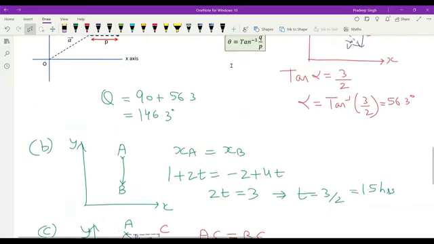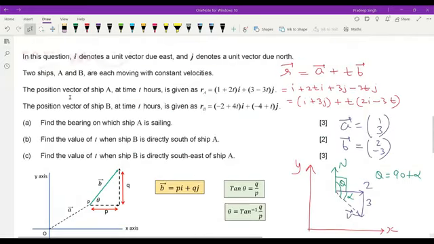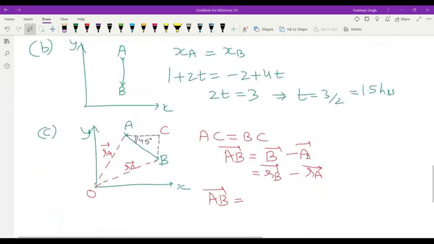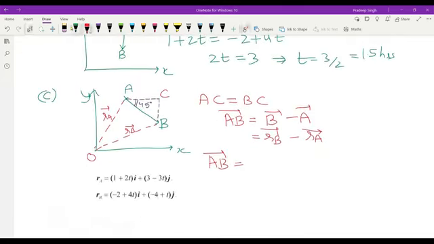Let's go back to the question to check what RB was. Let us copy this entire equation so that it is easier for us to solve. Let us write RB and RA in column vector notation. So we'll get minus 2 plus 4t and minus 4 plus t. Minus RA will be written as 1 plus 2t as the x component and 3 minus 3t as the y component.